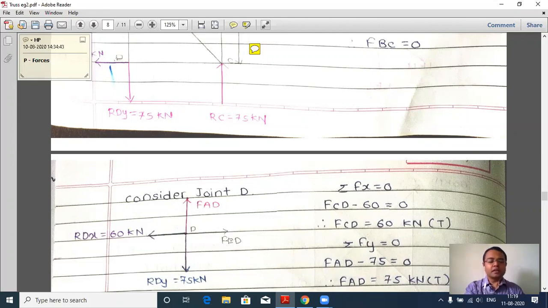Remember, in this we are finding P forces, so here we have removed member DB. Don't consider that member.